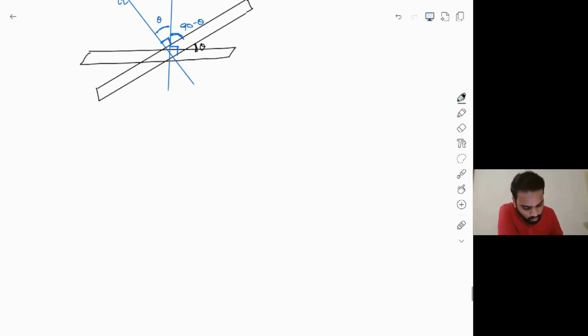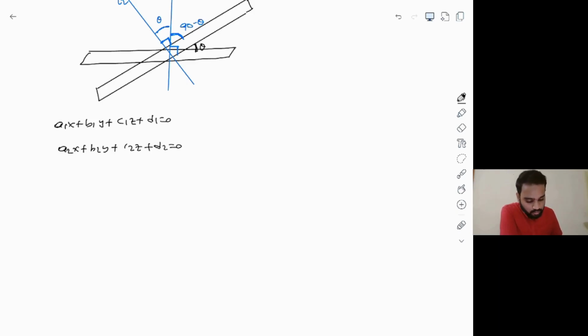That is, whenever we have two planes in the general form, a1x plus b1y plus c1z plus d1 is equals to 0, and then a2x plus b2y plus c2z plus d2 is equals to 0.